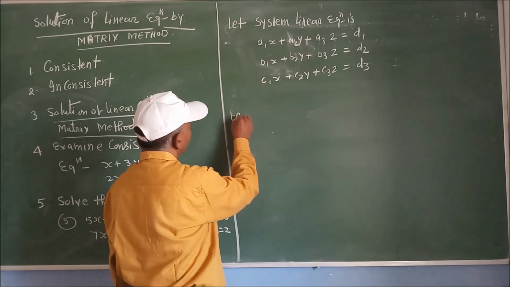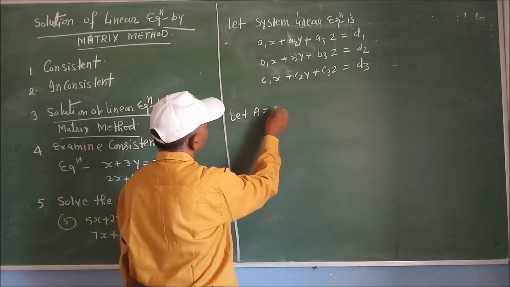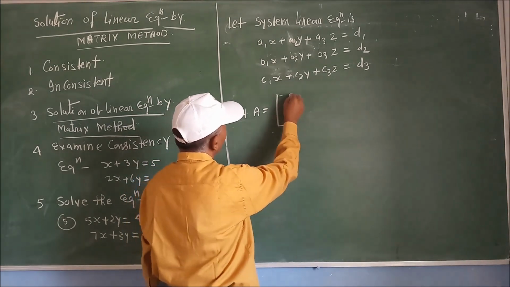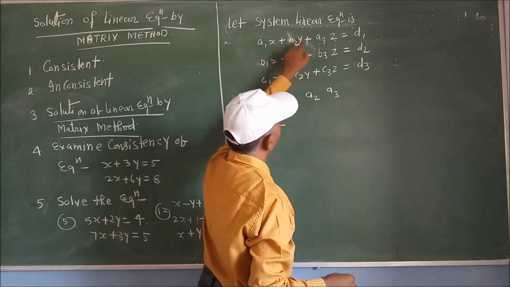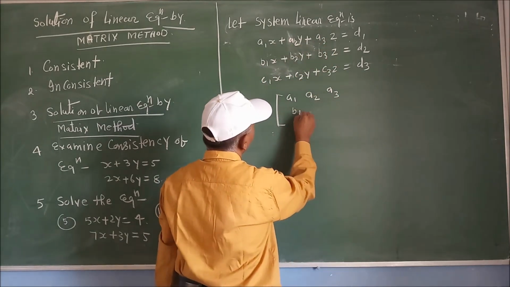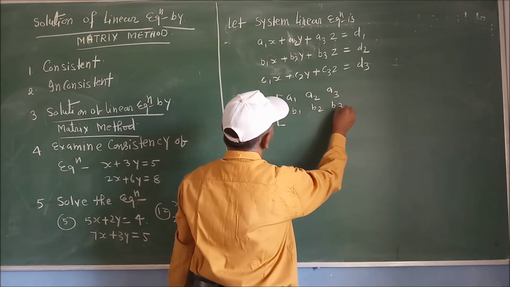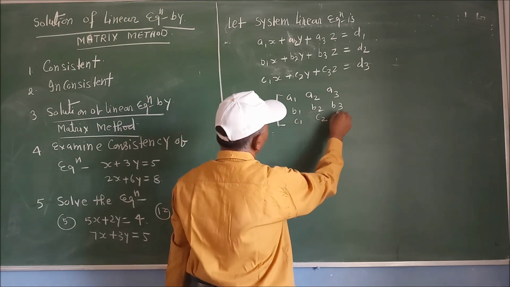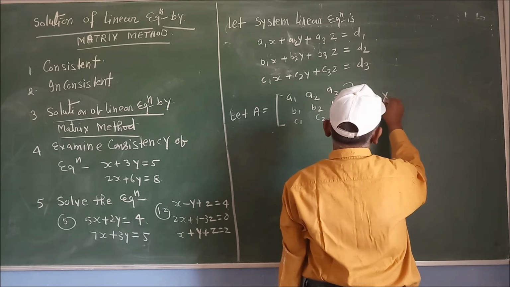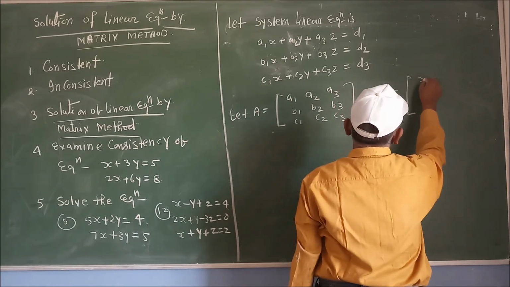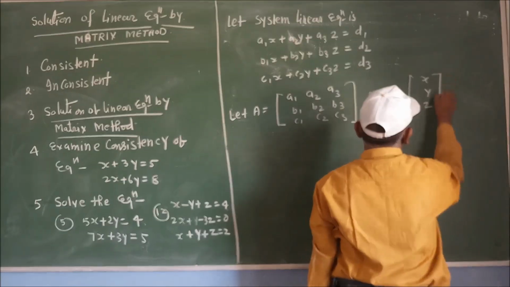Let A be the matrix with rows a1, a2, a3, b1, b2, b3, c1, c2, c3. These are the coefficients of x, y, z.